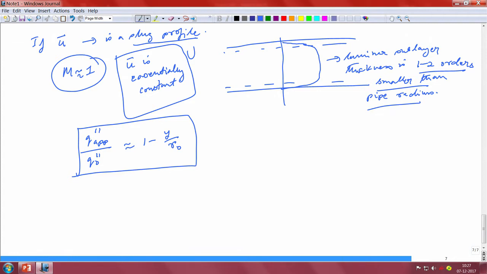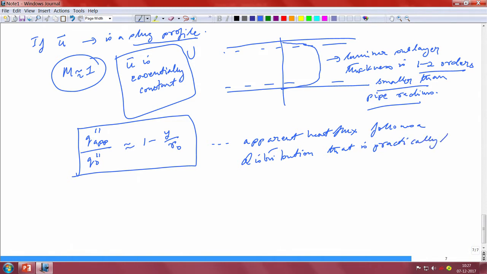So, in other words, what we can say is that the apparent heat flux follows a distribution that is practically the same as the one followed by the apparent shear stress.